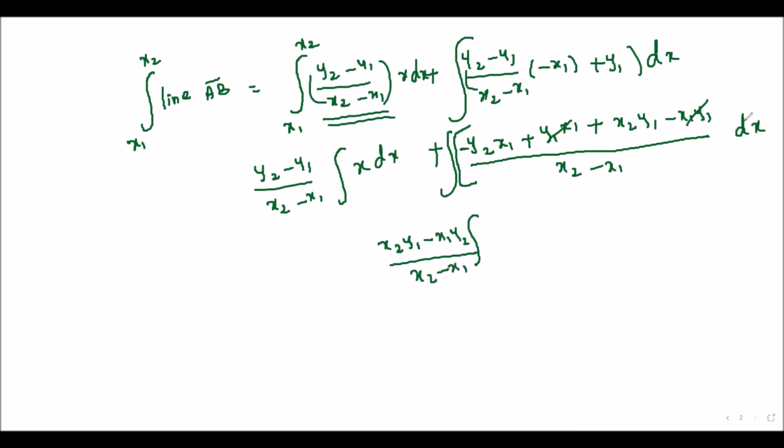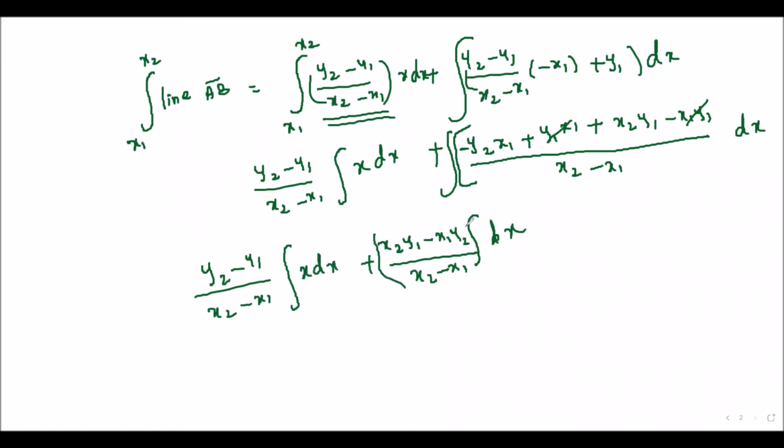So this is completely constant. So I'm left over only with dx here. And coming to the first term, let me write one more time. This first term is, we have taken already (y2 minus y1) by (x2 minus x1) of the integration of x dx. And let me write the limits also.